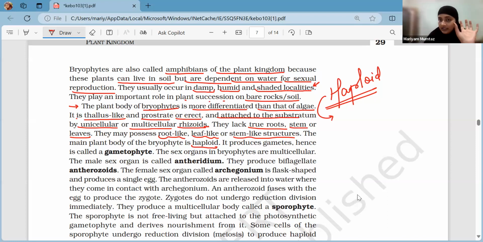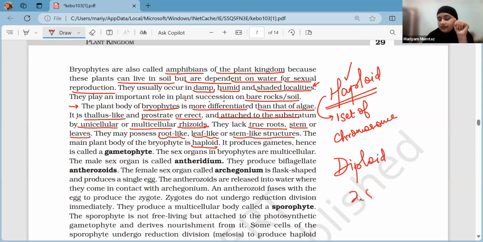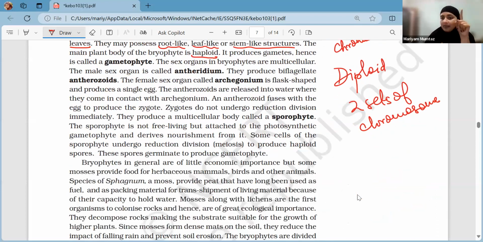See, haploid is the condition in which your organism or any cell has one set of chromosomes. It can be any number. So when there is only one set of chromosomes, we call that condition haploid, and diploid means two sets of chromosomes. Normally our body is diploid, isn't it? Haploid means one set of chromosomes, diploid means two sets, triploid means three sets, and polyploid means more than three, right?